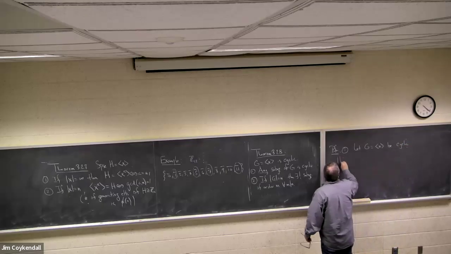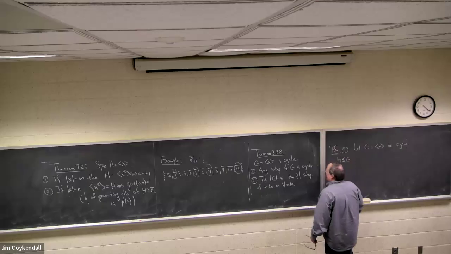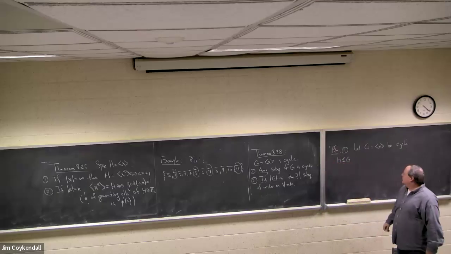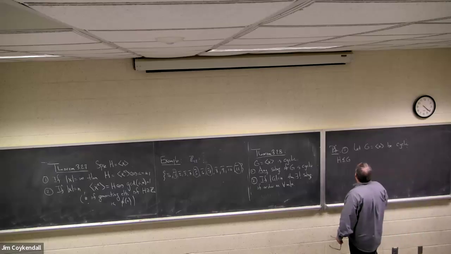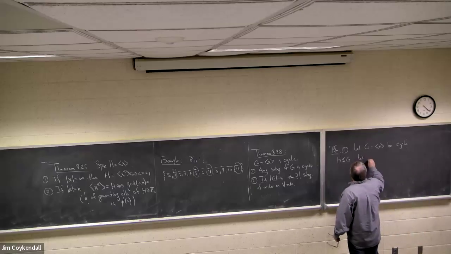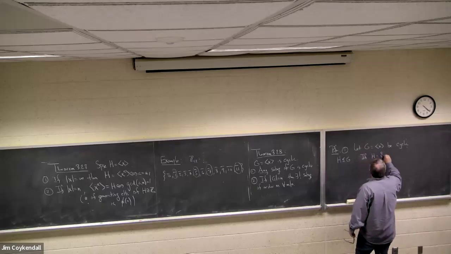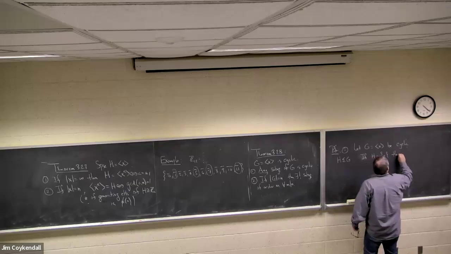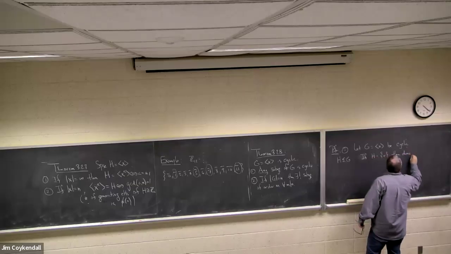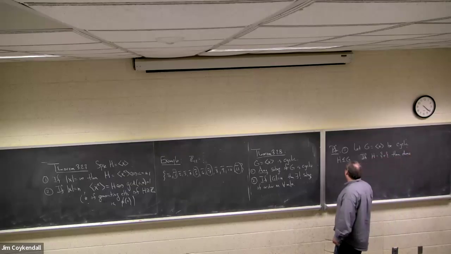Suppose H is a subgroup of G. We need to show that H is cyclic. If H is equal to the identity, then done, because of course the identity is cyclic.